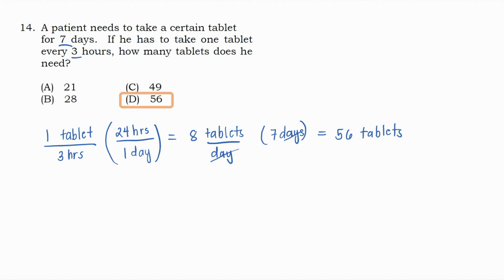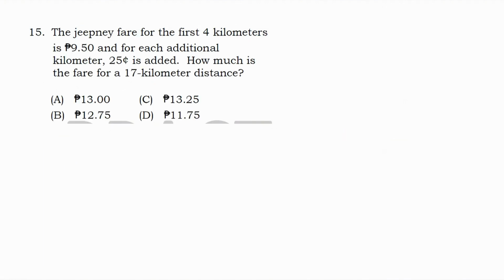Letter D. Number 15, the jeepney fare for the first 4 kilometers is 9.50 pesos. And for each additional kilometer, 25 cents is added. How much is the fare for a 17-kilometer distance? So, for this one, 17 kilometers minus 4 kilometers is equal to 13 kilometers. Ito yung additional distance. Kaya natin minus kasi kinukuha natin yung additional distance.